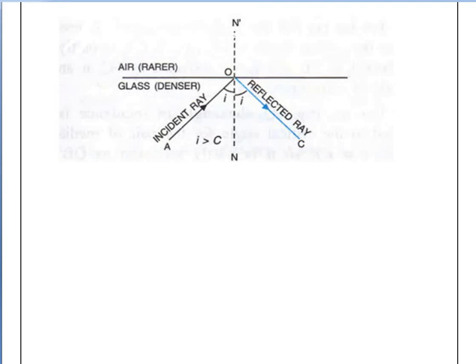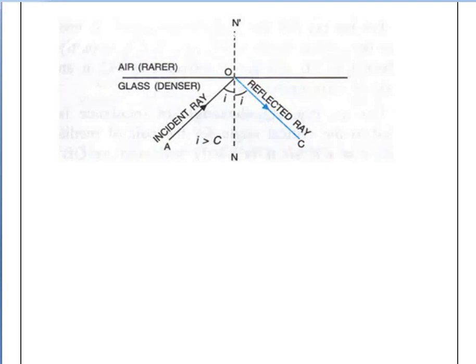On the other hand, when light travels from a denser medium to a rarer medium, under certain conditions, like when the angle of incidence is greater than the critical angle, no part of the light is refracted, but the entire light is reflected back in the same medium, which is called total internal reflection.